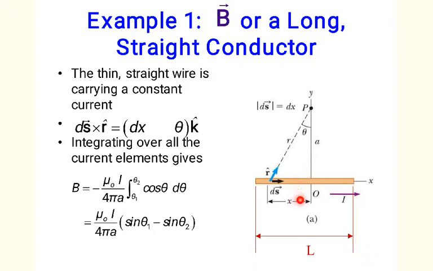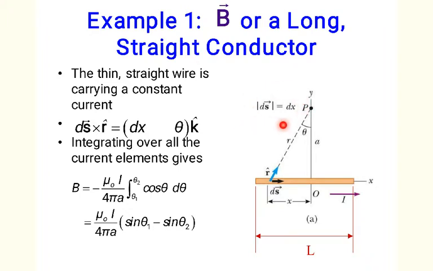But for convenience, we select the origin O, corresponding to x equals 0, to be exactly below point P. To find the total magnetic field at P, we break the conductor into many small elements ds, such as the one shown in the figure. We first need to find the distance r and the unit vector r hat from ds to P.